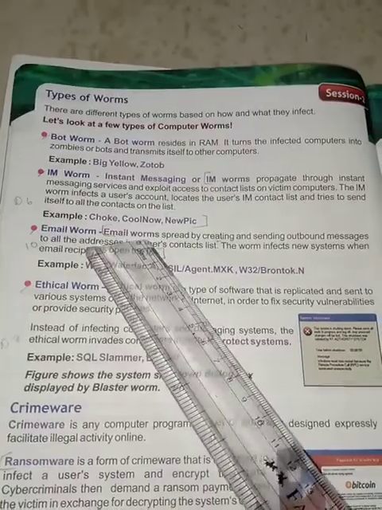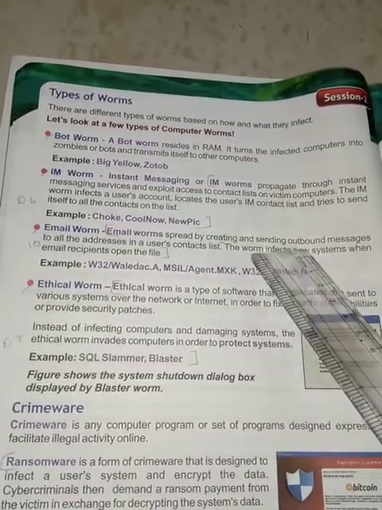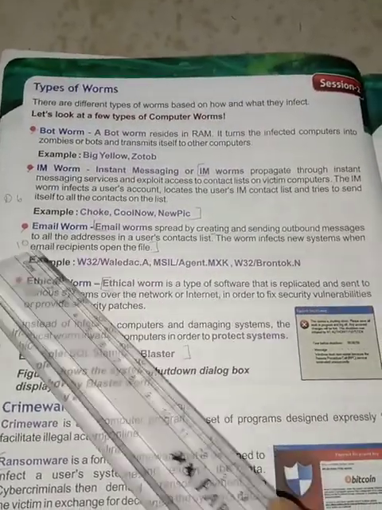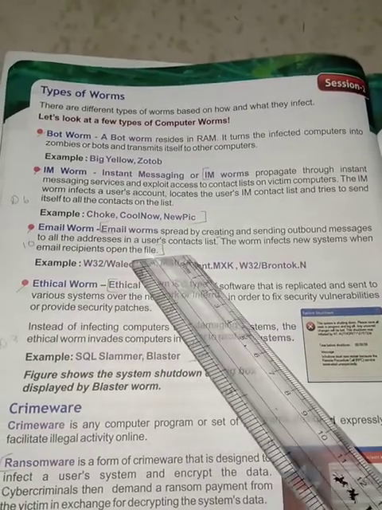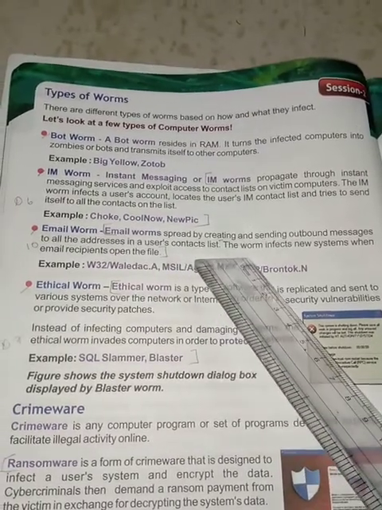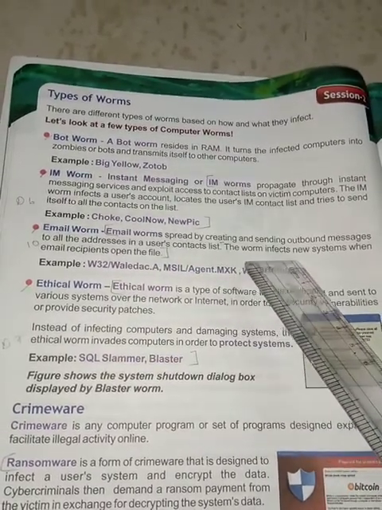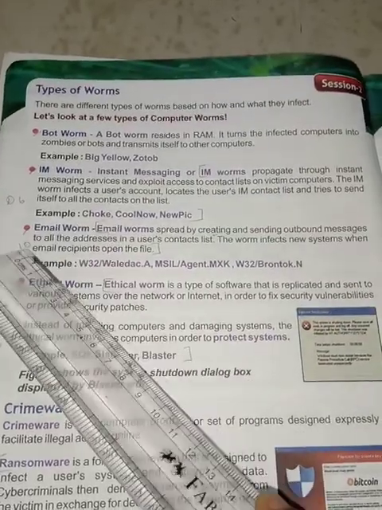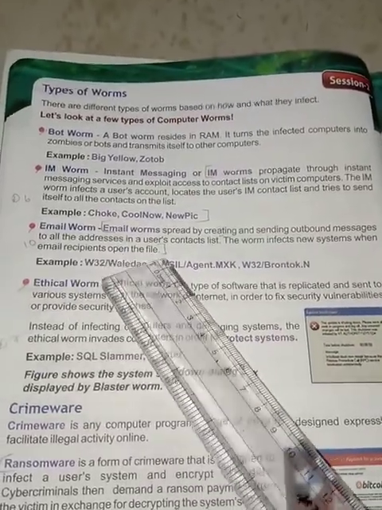Email worm. Email worms spread by creating and sending outbound messages to all the addresses in the user's contact list. The worms infect new systems when the email recipients open the file.